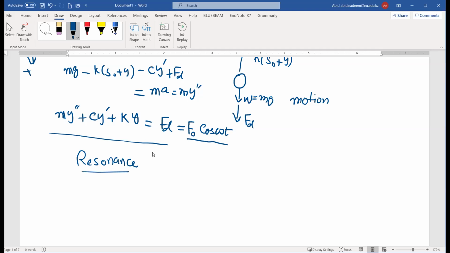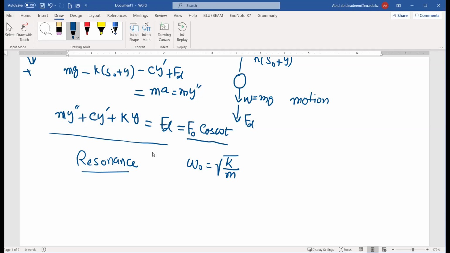So what is the resonance phenomenon? Remember that I have represented this driving force by cosine of omega t, but here we have used a term square root of k over m, which was equal to omega naught. In this case, we can compare omega naught and omega.